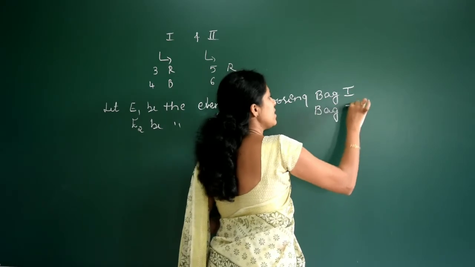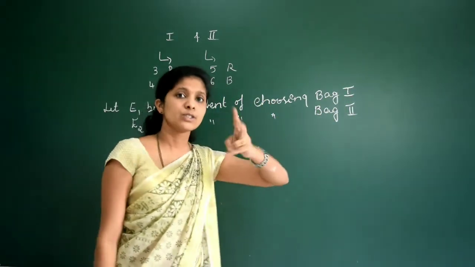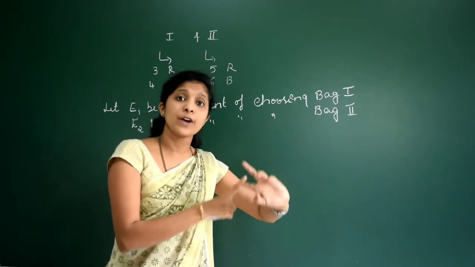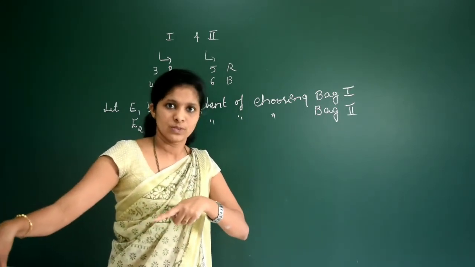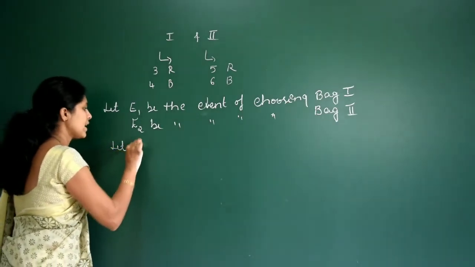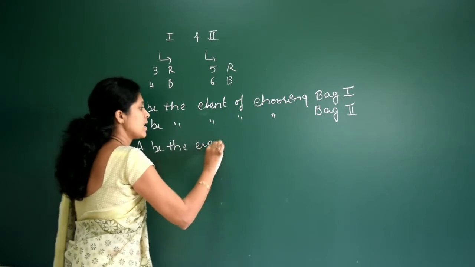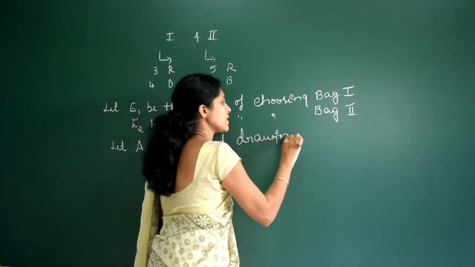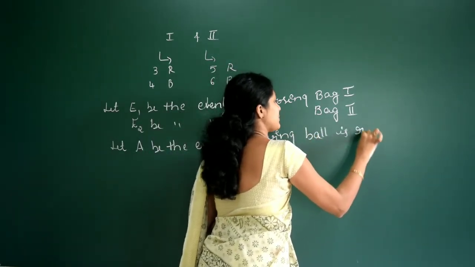We have considered bag 1 as E1 and bag 2 as E2. Here 2 more things are given. Balls are red and black, but we need to find the probability of a red ball, and it should be from bag 2, right? So we'll consider the red ball. Let A be the event of drawing a ball that is red. Is it clear?